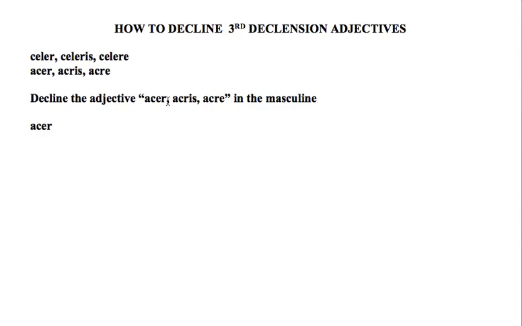When I deal with this type of adjective, I'm going to go to the feminine and the neuter form and remove the endings, is or e. And once I have removed those endings, the letters that are left form the base of that adjective. So acr is the base of this adjective. Once I have the base, I simply attach the appropriate endings.